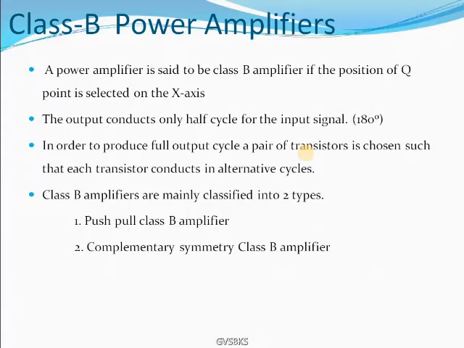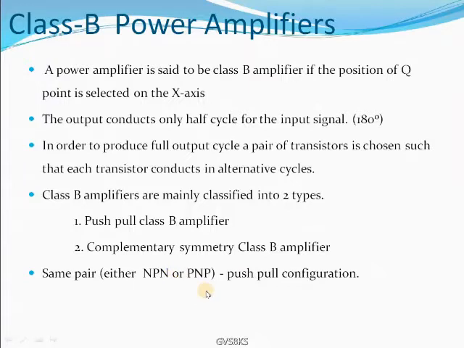The classification is made by which type of transistors are used in the circuit. If the same pair of transistors is used, either both NPN or both PNP, then that configuration is called push-pull configuration.